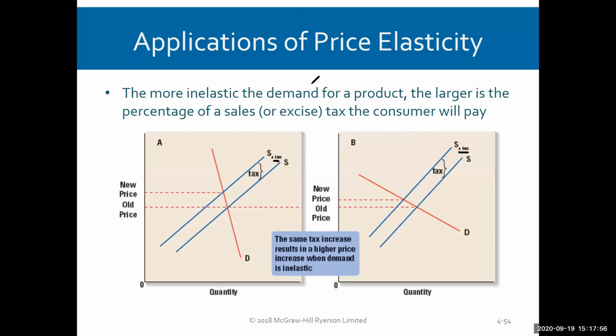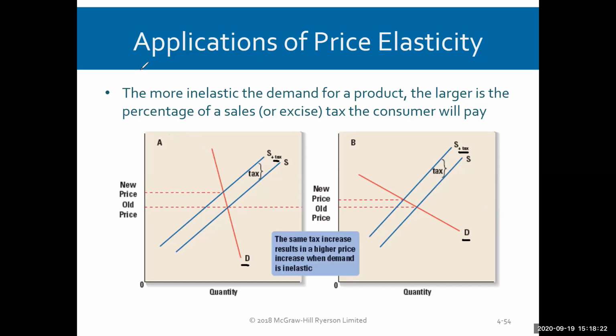What's different about these two different products is here the demand curve is very steep, so it's very inelastic, and here the demand curve is flat, so it's very elastic. On the left one, the consumer's response is very slight compared to price changes. On the right one, the consumer response is much greater when there are price changes. So inelastic on the left, elastic on the right. Let's take a look at what happens.